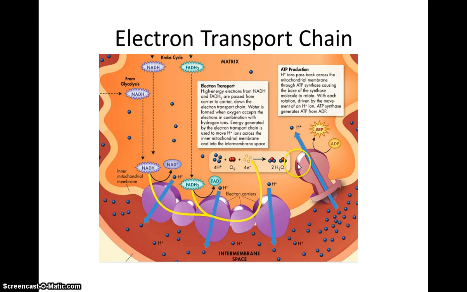So you can see the way the gradient is set up, it's low hydrogen in the matrix, high hydrogen in the intermembrane space between the cristae and the outside of the mitochondria, and this sets up the concentration gradient so you can make the ATPs. That's really the whole goal of this. Use the electrons to power the hydrogens, move them from low to high using active transport, using the energy from the electrons to then make ATP.